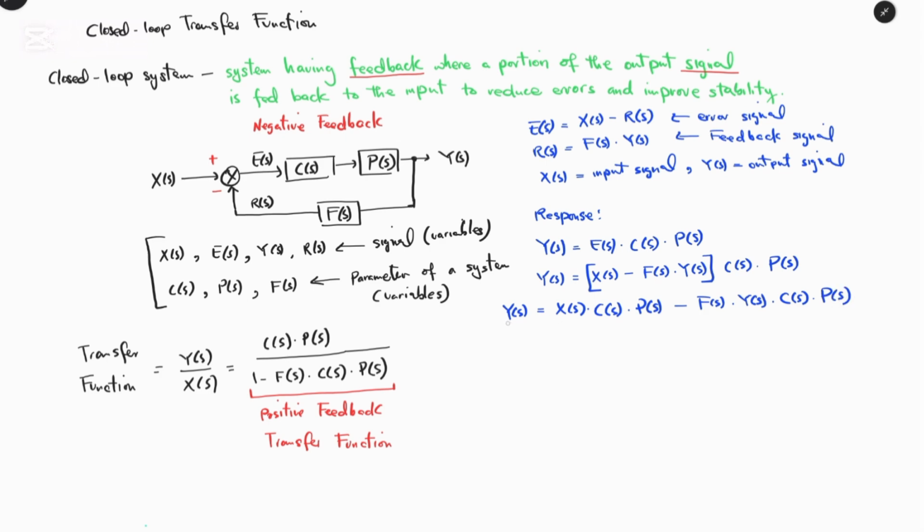So since we have the signals such as the output and the input, we can now group the output and input separately. So we can bring this equation to the other side.